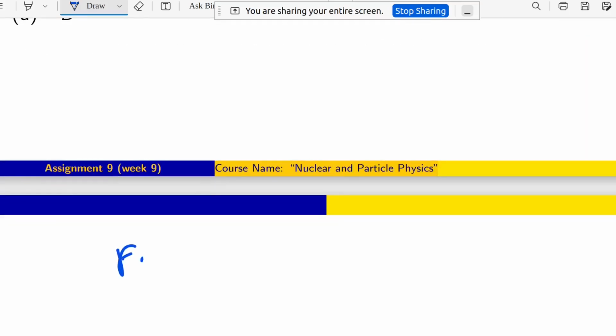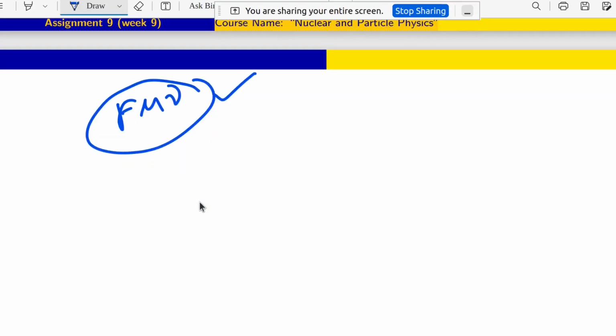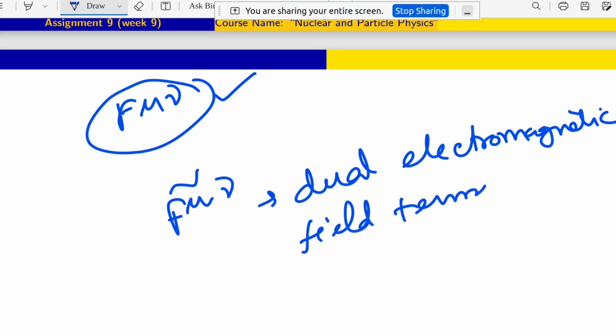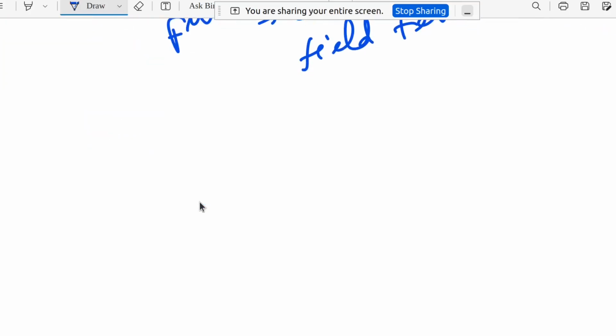So F mu nu is the electromagnetic field tensor, and F mu nu tilde is the dual electromagnetic field tensor. So what is the expression between F mu nu tilde and F mu nu?